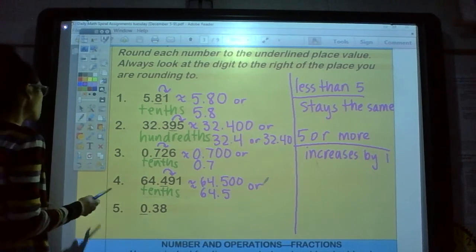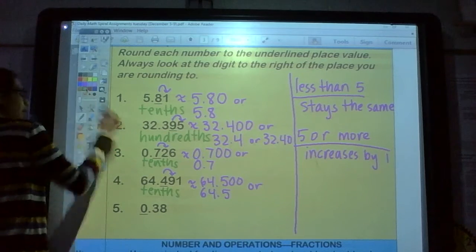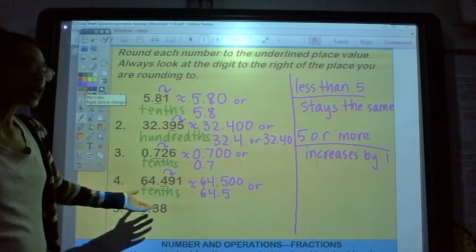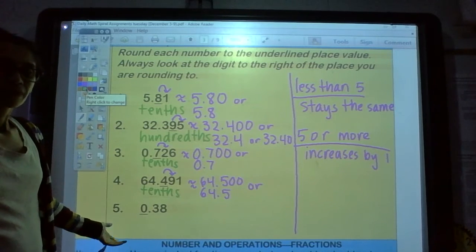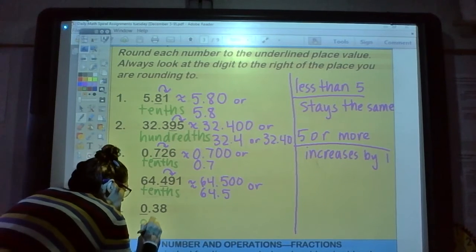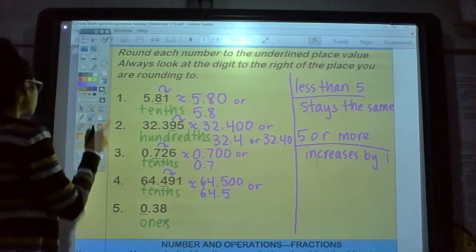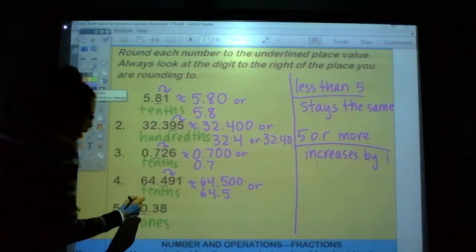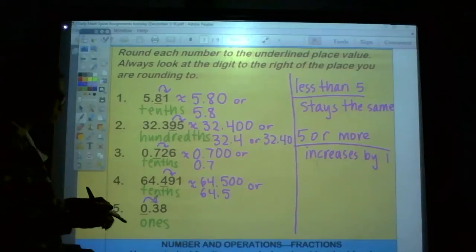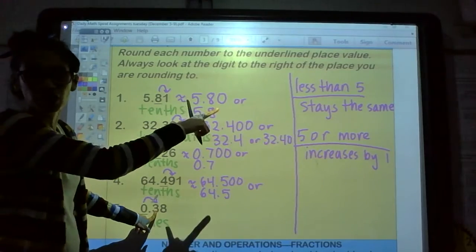Look at that last one. It says 38 hundredths. We are rounding to the whole number. That 0 is in what place? The ones place. So we do the same thing. Look to the right. Hello, number 3. We have to check the rule.